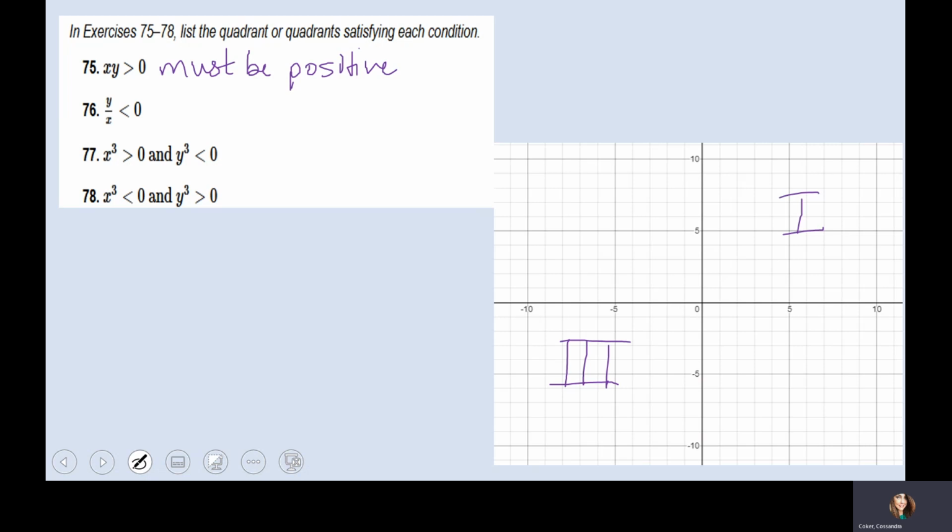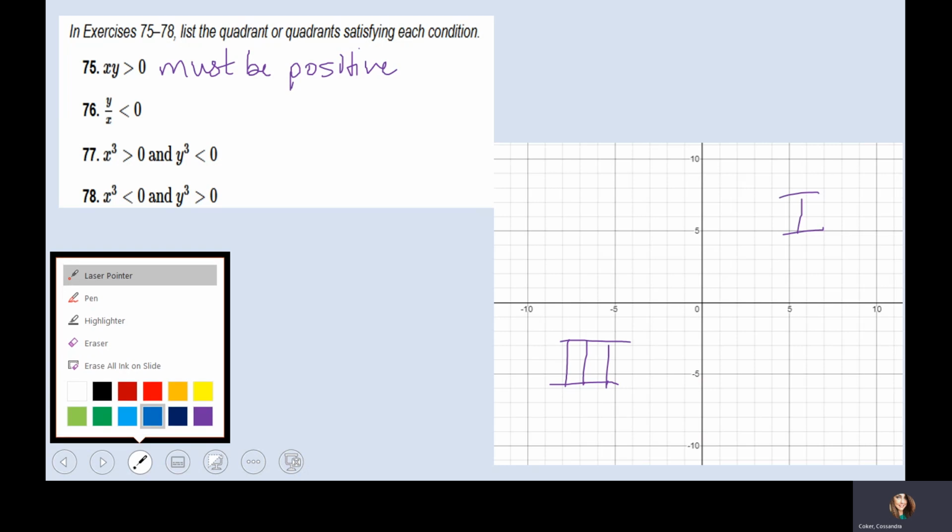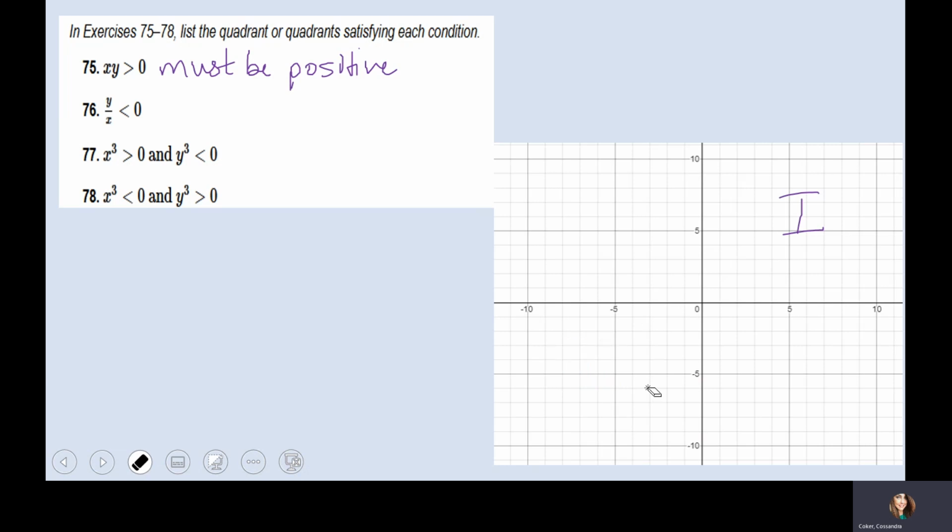So think about in division, what are the only 2 cases where you could have a negative quotient or a negative answer? So I could either be in quadrant 2, and why is that?